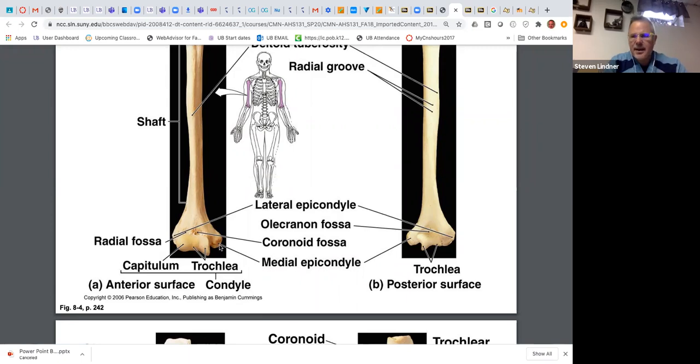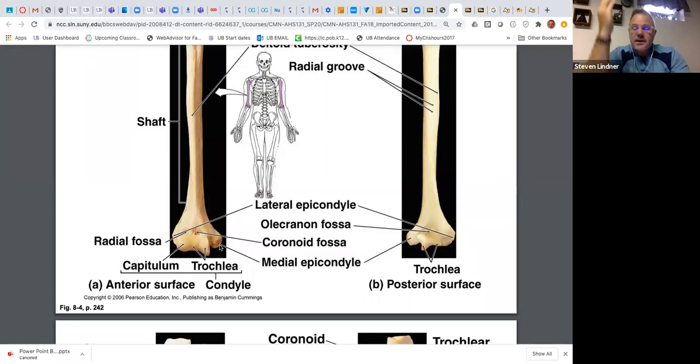The medial epicondyle, if you were to palpate in anatomical position and go to the medial part of your elbow, we can all feel that bump. That's the medial epicondyle on the inside of the elbow. And if you move just a little bit posterior to that, here's the olecranon process, here's the medial epicondyle, and between the two, there's this groove.